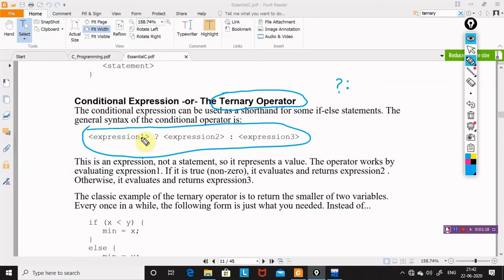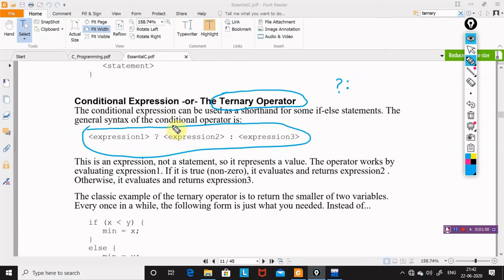Now what is expression 1? It signifies a condition. Now if the result of the test condition is true, that means in C the resultant value is non-zero, then expression 2 is evaluated and its value is returned as the value of the whole ternary expression.